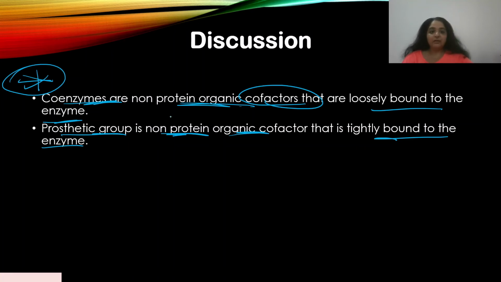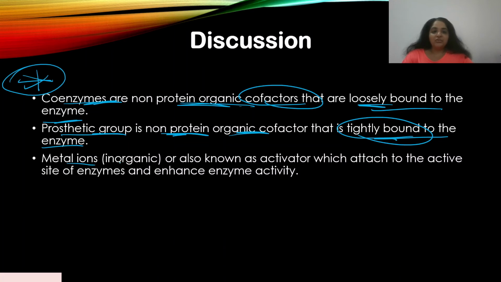Coenzymes are loosely bound, prosthetic groups are tightly bound. Remember this. Metal ions are inorganic, also known as activators, which attach to the active site of enzymes and enhance enzyme activity. So these three definitions are very, very important.